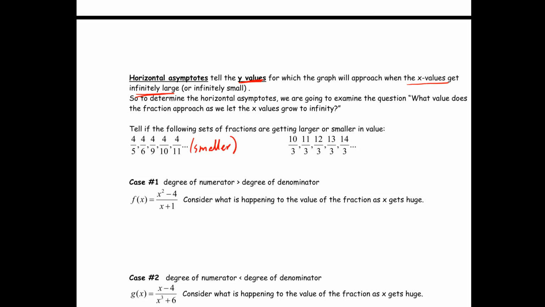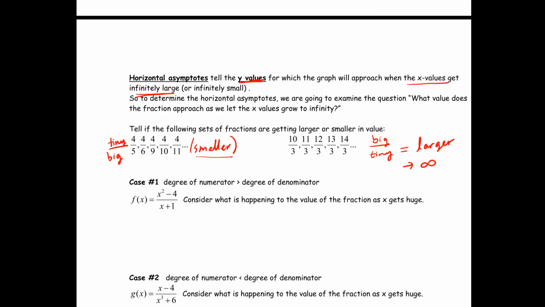Notice that the numerator is a tiny number, and then the denominator is a bigger number. And as the denominator gets bigger and bigger and bigger, it gets infinitely smaller. How about the next set of numbers? The numerators are bigger, the denominators are smaller, so it's getting larger. Some people might say it's going to infinity as it goes on forever and ever.